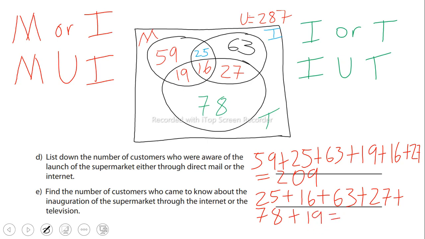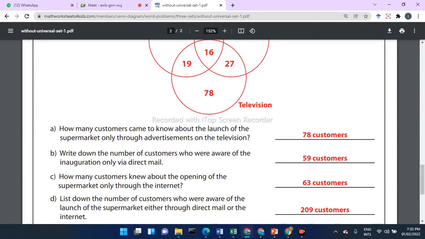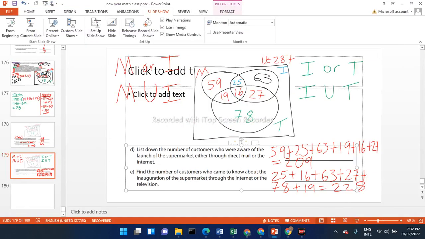I knew that, I was just testing you. I'm so sorry. So it is 228. It is 228.